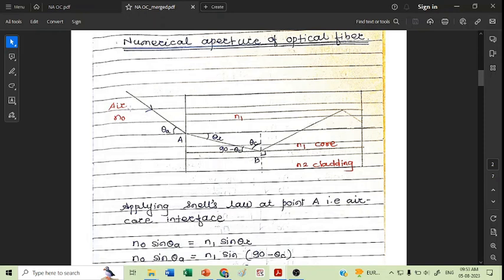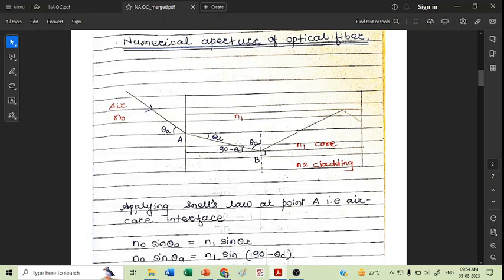Snell's law is nothing but the refractive index of one medium, that is the refractive index of air is N0 into the sine of angle, incident angle. This is theta A. So here we are taking N0 into sine theta A is equals to refractive index of core into this angle theta R, sine of this theta R. So it is N0 sine theta A is equals to N1 sine theta R.